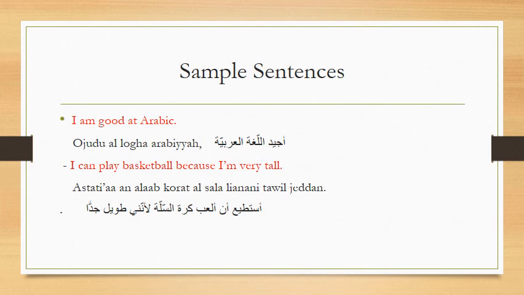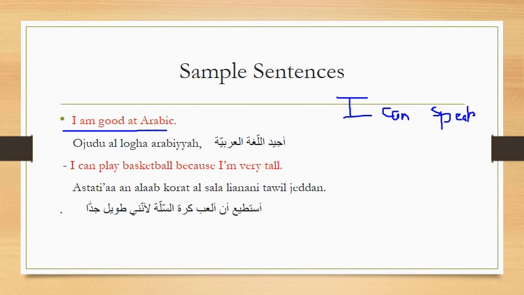So let's take these sample sentences, guys. Here we have I'm good at Arabic. We can say either I am good at Arabic, or you can say I can speak Arabic. So we can do it in two ways, as we said.